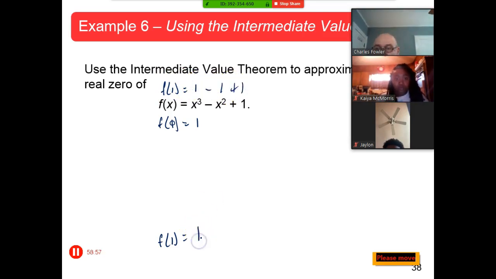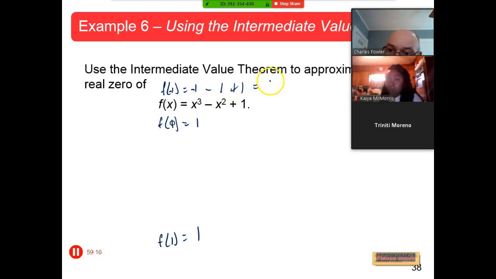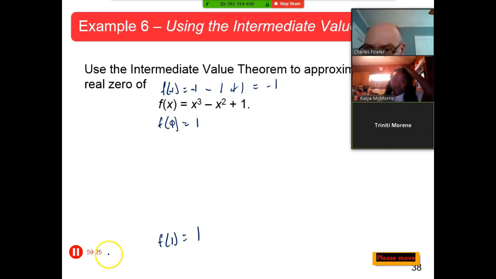That's also 1. Let's do f of negative 1. That would be negative 1 minus 1 plus 1, which is negative 1. All right, those are the ones that we're going to use.